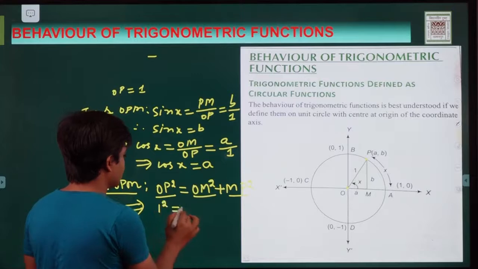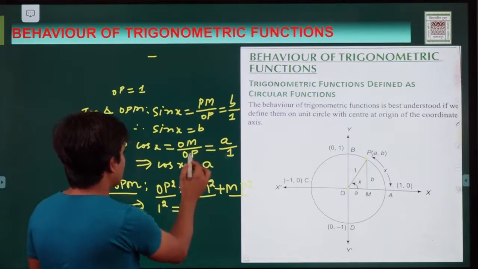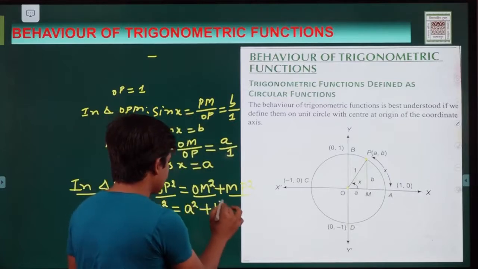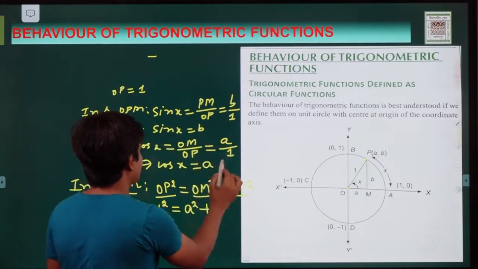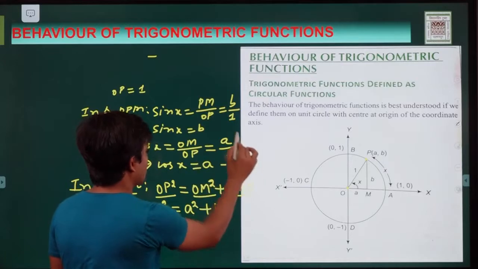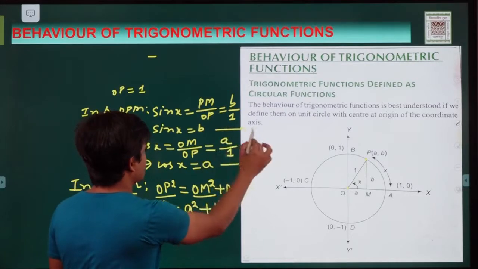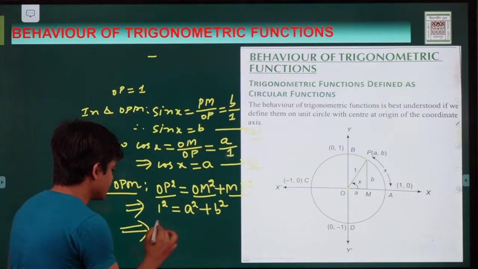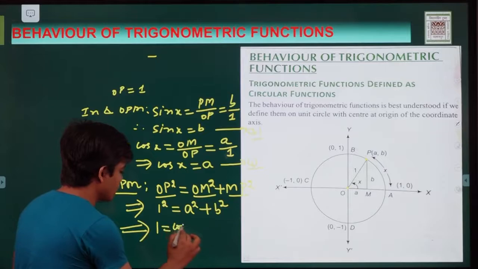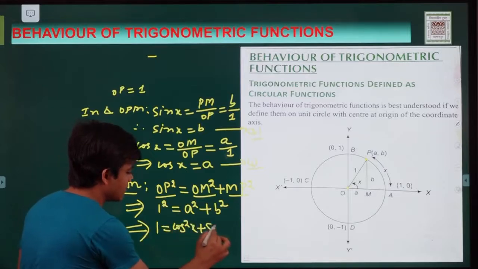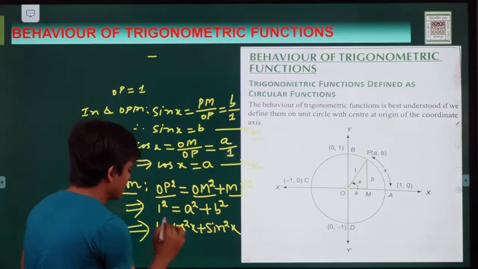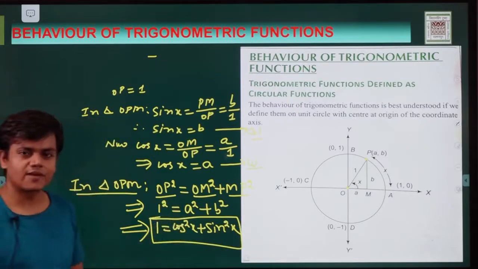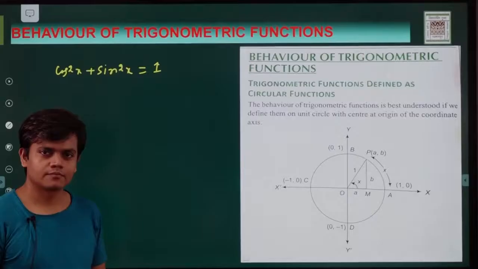So 1 square is equal to OM. OM is what? A. So it will become A square plus B square. And from here, what is our A? Our A is what? Cos x, and our B is what? Sin x. So from these two equations, what can we say? We can say what? 1 is equal to cos square x plus sin square x. Is this all right? So this is our identity. This is our first identity.